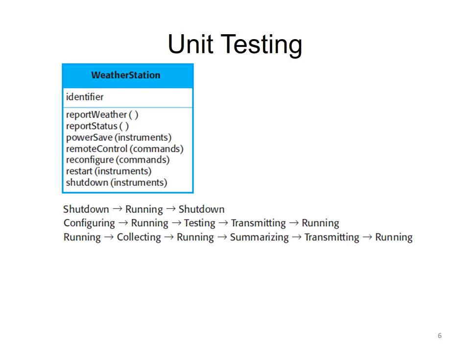You need to define test cases for all the methods associated with the object, such as report weather, report status, etc. Ideally, you should test methods in isolation, but in some cases, some test sequences are necessary. For example, to test the method that shuts down the weather station instruments, you need to have executed the restart method.